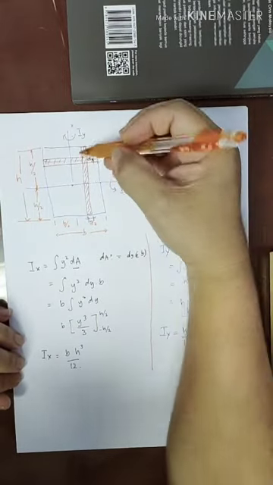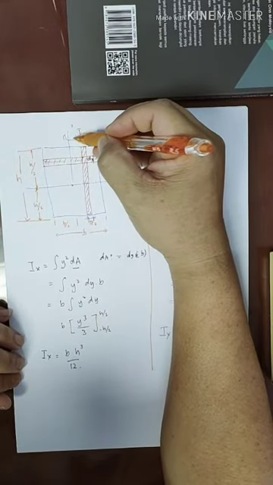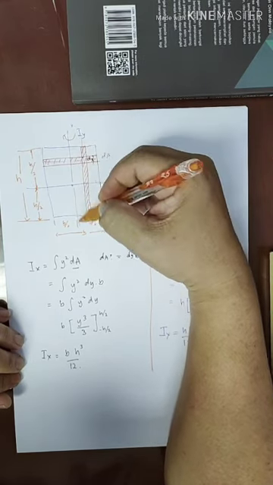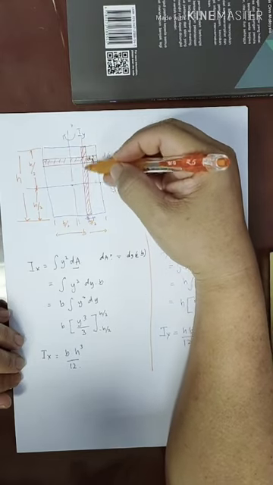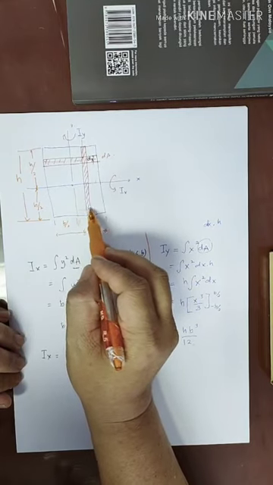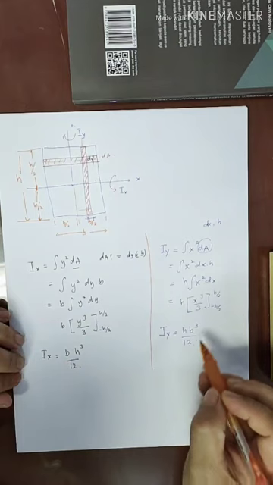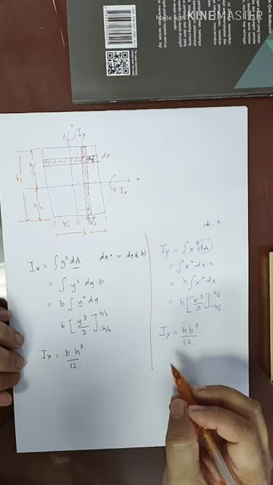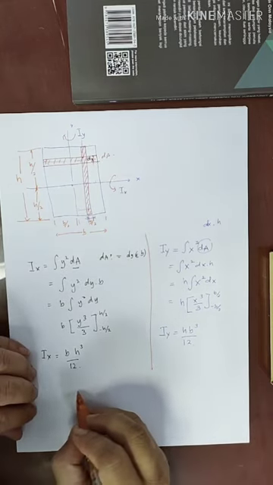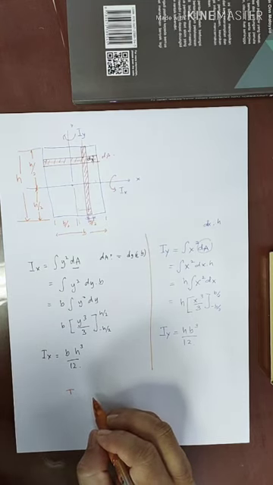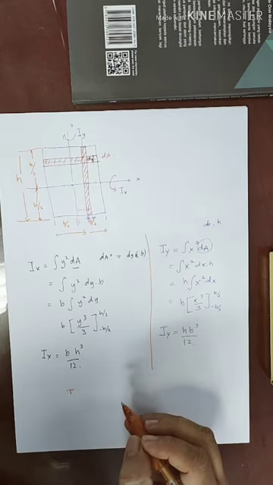Whereas for the Iy, when it is rotated to the y-axis, the parallel h is fixed, whereas b varies, resulting in the b cubic function. So this is what you call the second moment of area. Thank you.